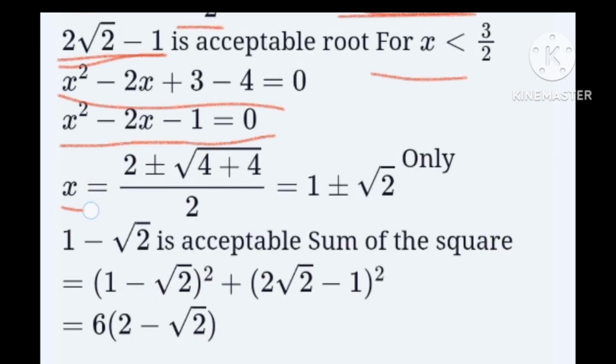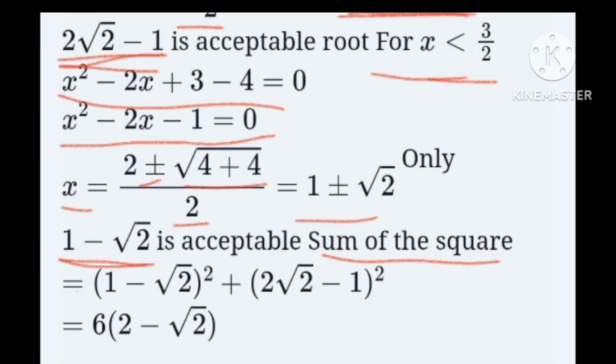We know x is equal to 2 plus or minus root of 4 plus 4 by 2, which simplifies to 1 plus or minus root 2. Here x is less than 3 by 2, so 1 minus root 2 is acceptable. So finally, two roots are there: one is 2 root 2 minus 1, another one is 1 minus root 2.